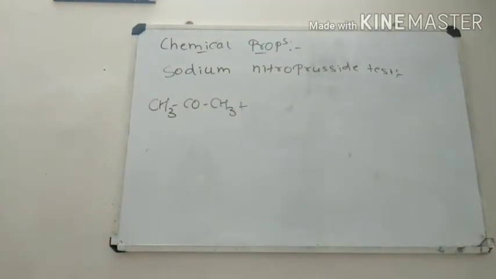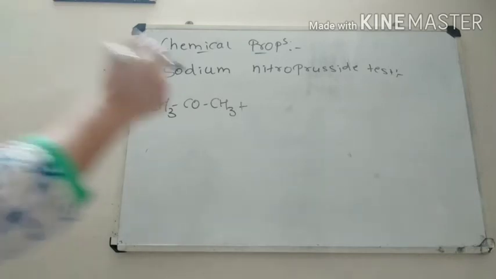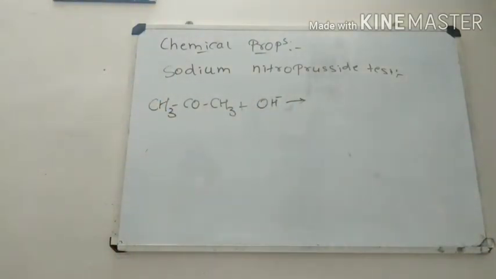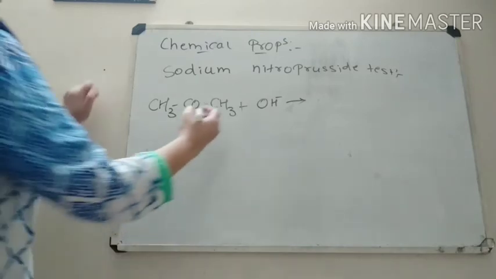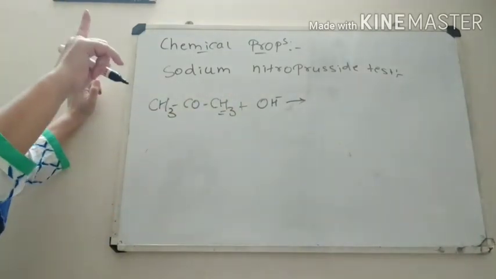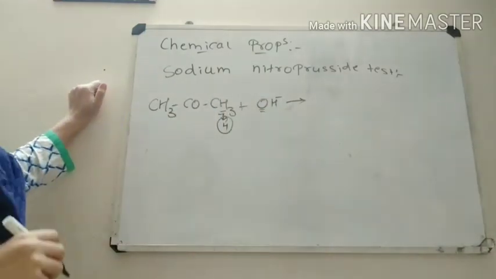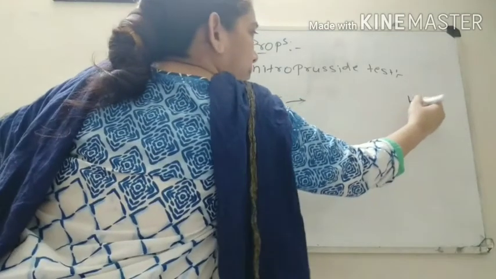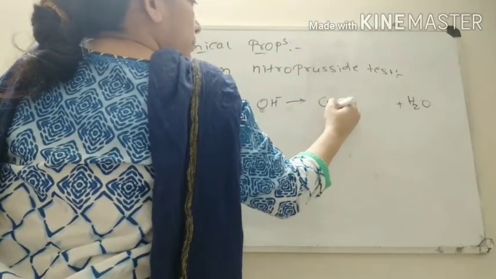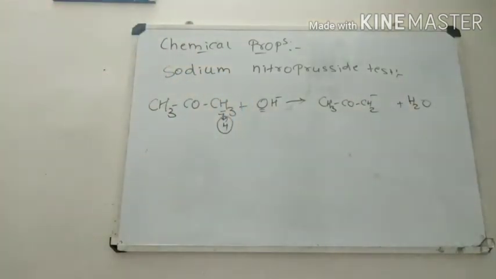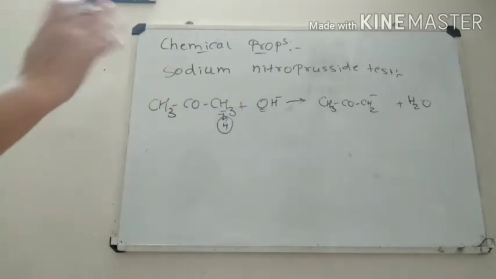If this acetone is mixed with the alkali sodium hydroxide, OH minus, one hydrogen from the CH3 is given out. That hydrogen combines with the OH minus to form a water molecule, and we get the CH3COCH2 minus ion.